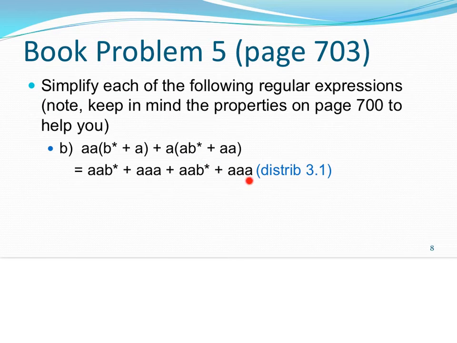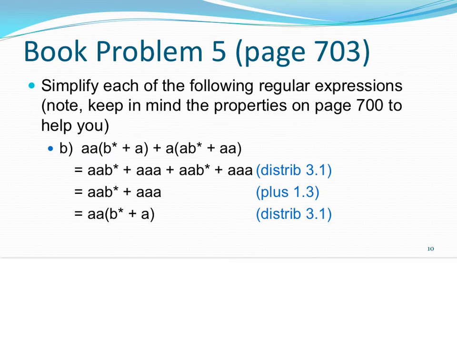So I ended up with this whole thing, and my reason is distributive 3.1. But of course, if you look at the plus 1.3 rule, you can see that if I'm adding AAB star to AAB star, that just gives me a single AAB star. And AAA added to AAA just gives me AAA, so by plus 1.3 I can simplify down to this.